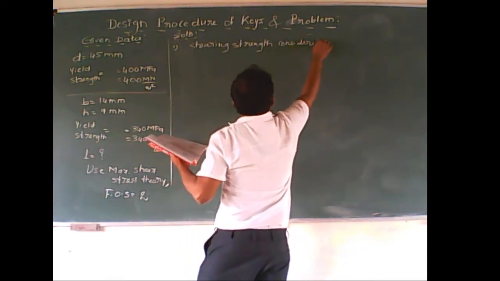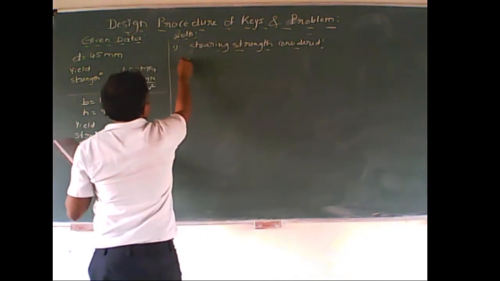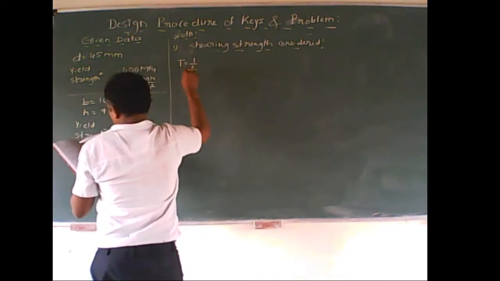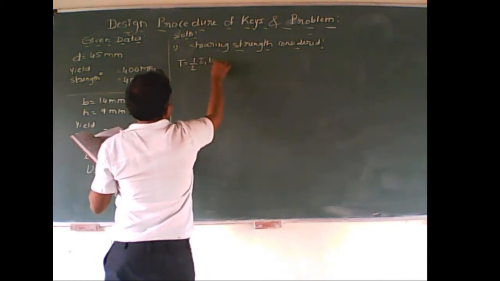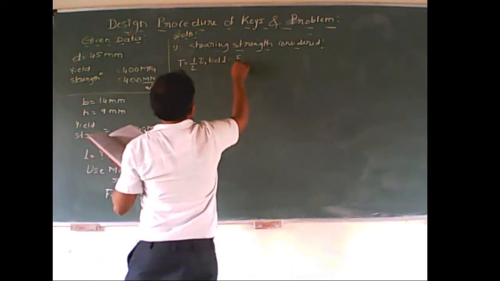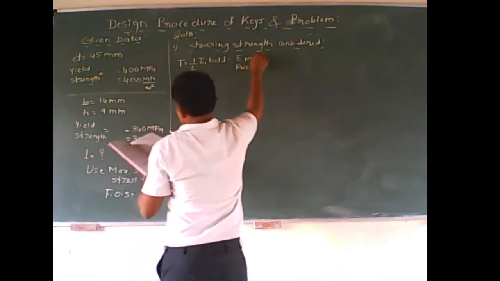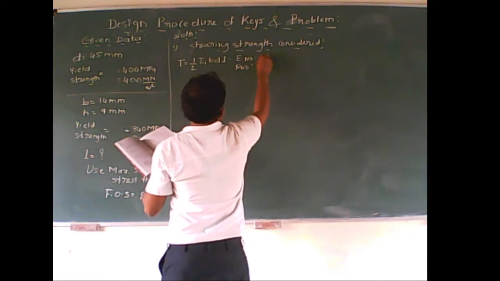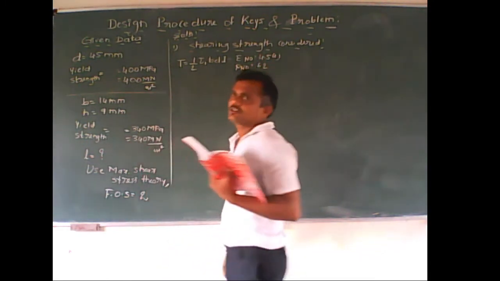By considering the shearing strength, what is the equation we can use? T is equal to half into tau 1 into PDL. You can write the equation number 4.58, page number 62.